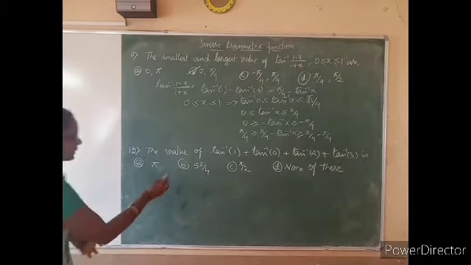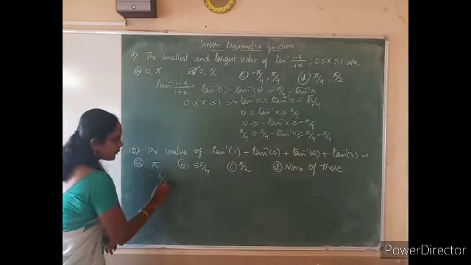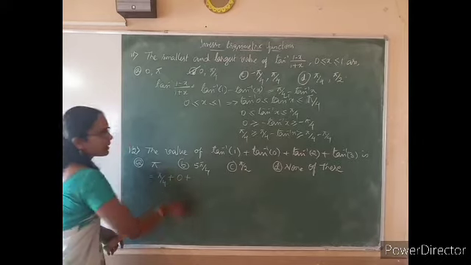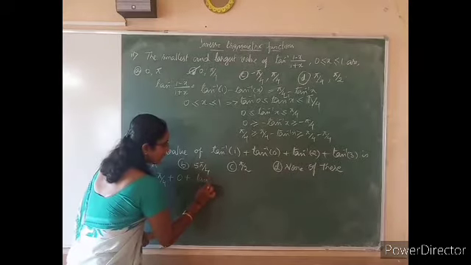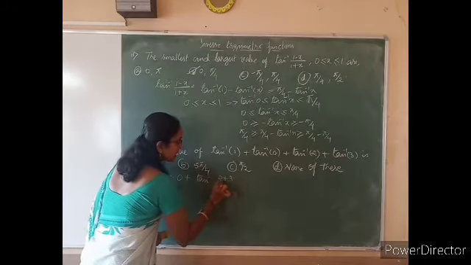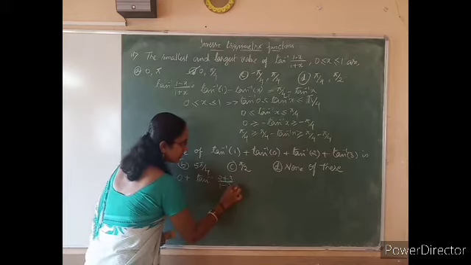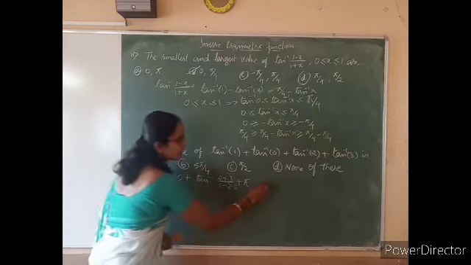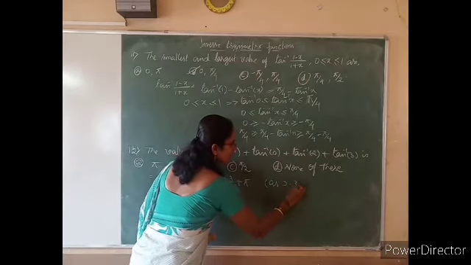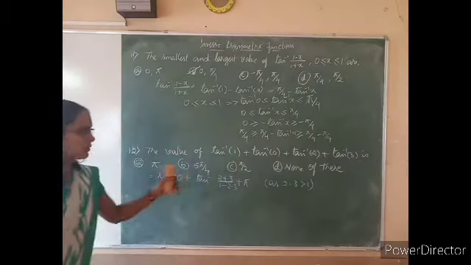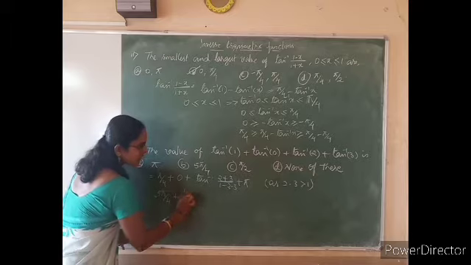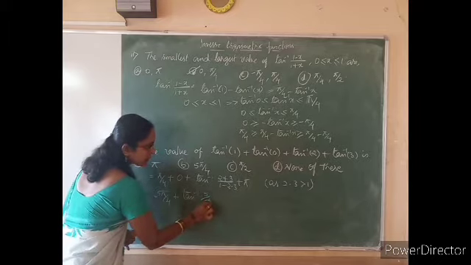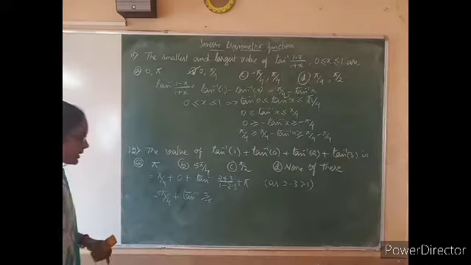So using that we can write tan inverse of 1 is nothing but pi by 4, tan inverse of 0 is 0, and tan inverse of 2 plus tan inverse of 3 is tan inverse of (2 plus 3) divided by (1 minus 2 into 3) plus pi, because 2 into 3 is greater than 1. Because of that we have to write this formula here. So pi by 4 plus pi is 5 pi by 4 plus tan inverse of 5 divided by minus 5, because 1 minus 6 is minus 5.